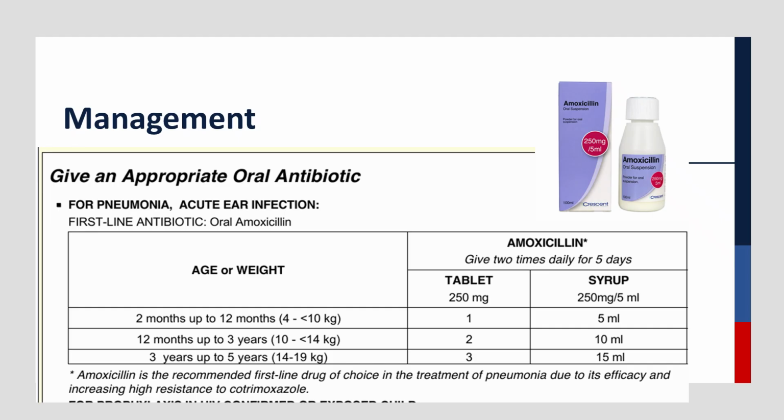And based on body weight as well, how much amoxicillin you can give is written over here. So a child 2 months to 1 year is 5 ml. We are talking about 250 mg per 5 ml. And then for 12 months to 3 years, it's 10 ml, and 3 years to 5 years, it's 15 ml. Okay. So we are giving this medicine, amoxil, 2 times a day for 5 days.